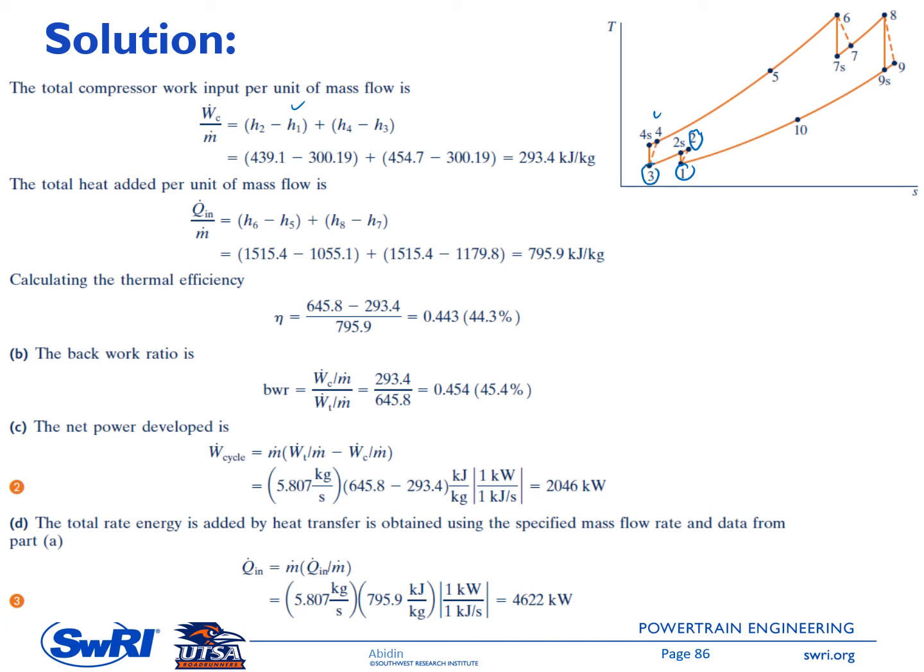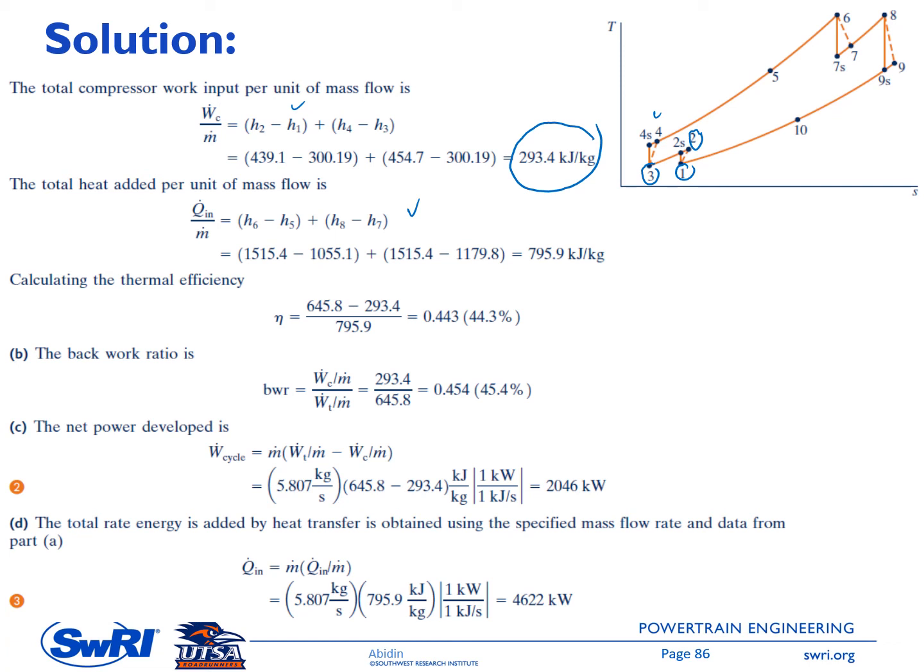Keep in mind, in this solution we maintain all numbers positive, although we know the compressor requires work from outside, just to avoid confusion. The total compressor work input per unit of mass flowing is 293.4 kilojoule per kilogram. The next one is to calculate the Q in. We need the Q in inside the combustor as well as the Q in inside the reheat combustor.